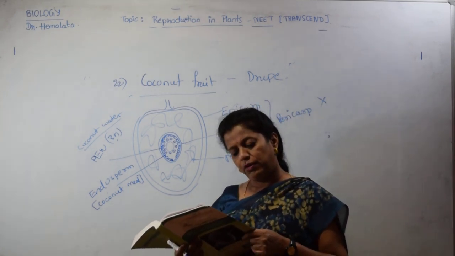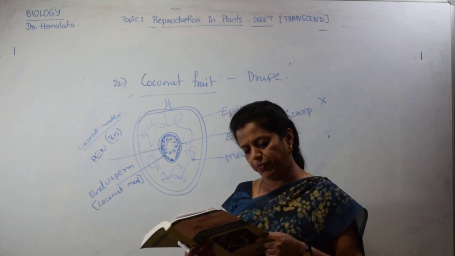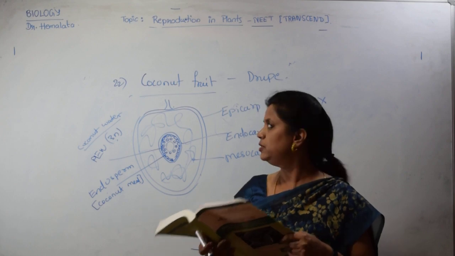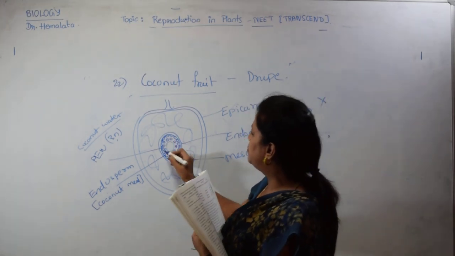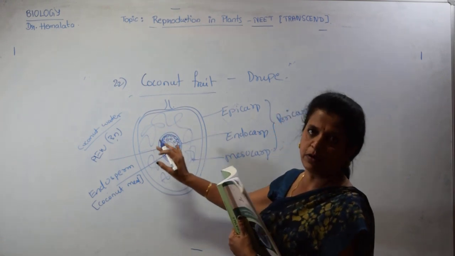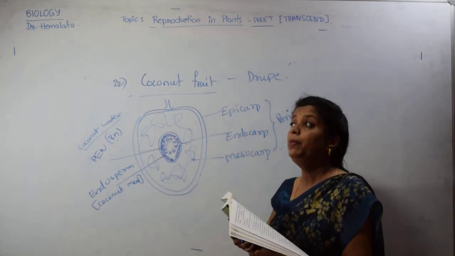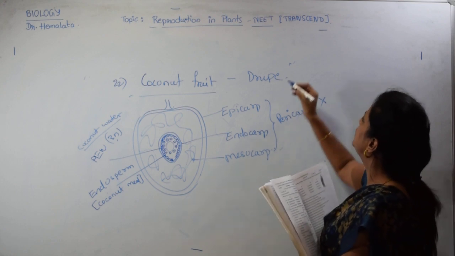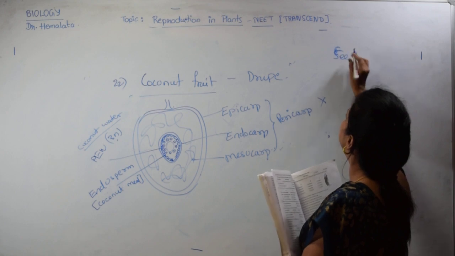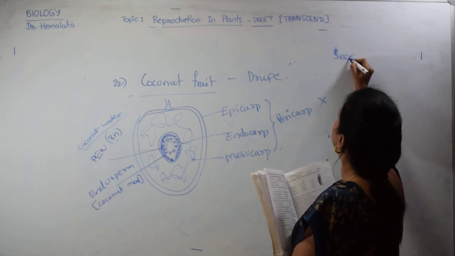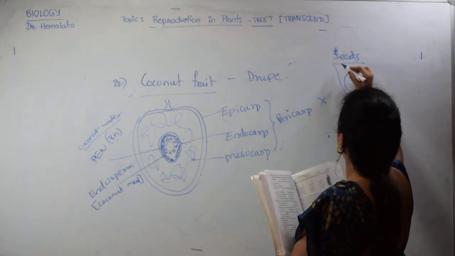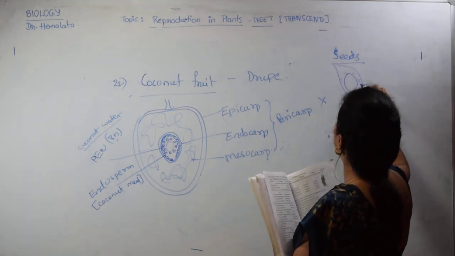Now, 25th question. Endosperm is completely consumed by the developing embryo. Means this I showed you here, endosperm. In this, endosperm will be still there when the fruit is fully formed. Also, it will be there. But if it is not there, imagine the types of seeds. So if you think of seeds, some seeds in the fruit will not retain any endosperm around them.